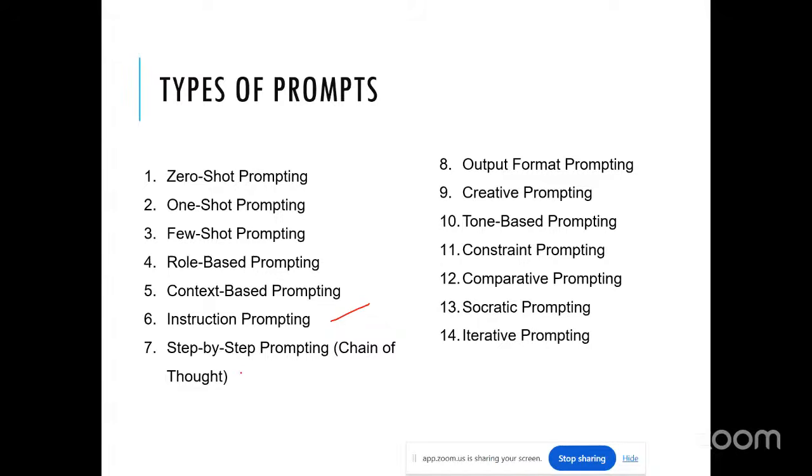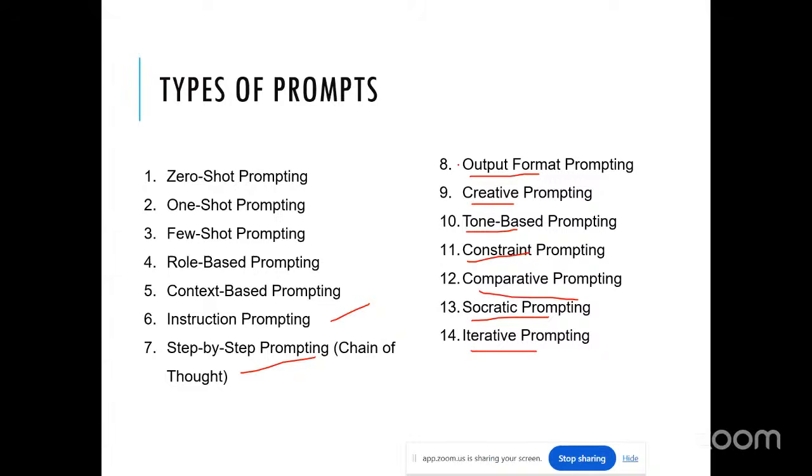And seventh is step by step prompting. Eighth is output prompting, and ninth is creative prompting. And 10th is tone based prompting. And 11th is constraint prompting. 12th is comparative prompting. 13 is Socratic prompting, and 14 is iterative prompting.